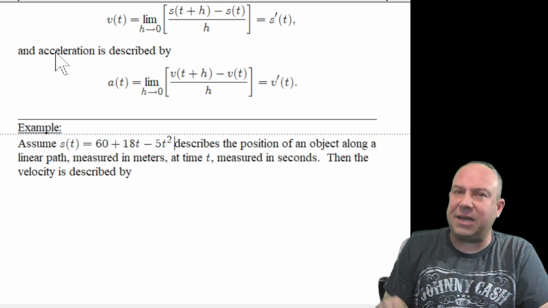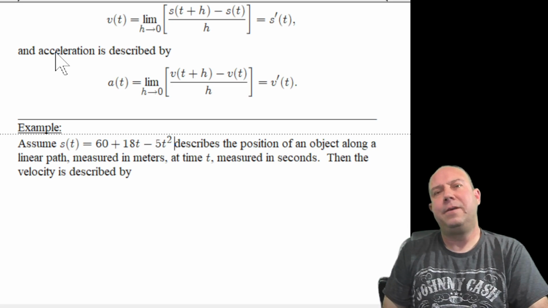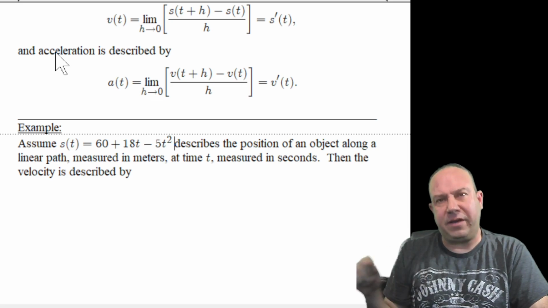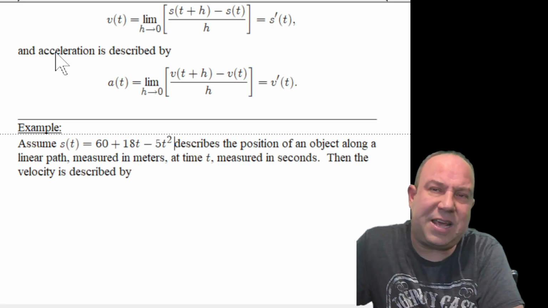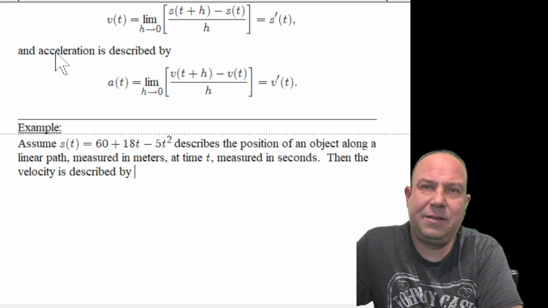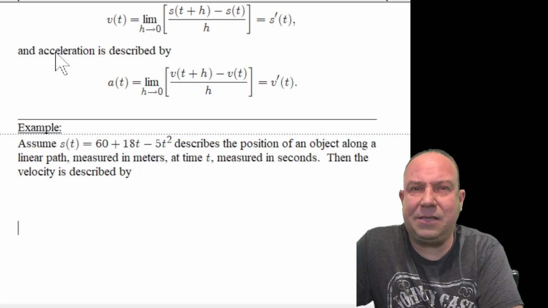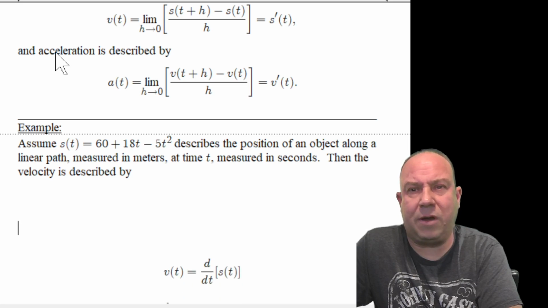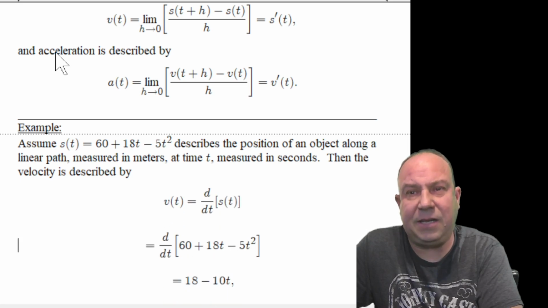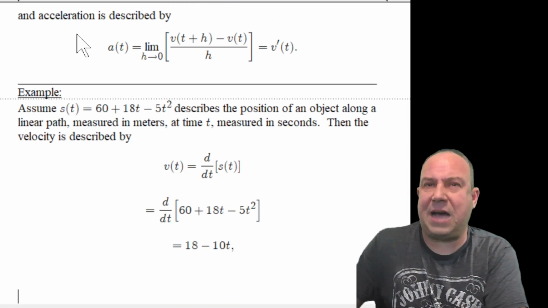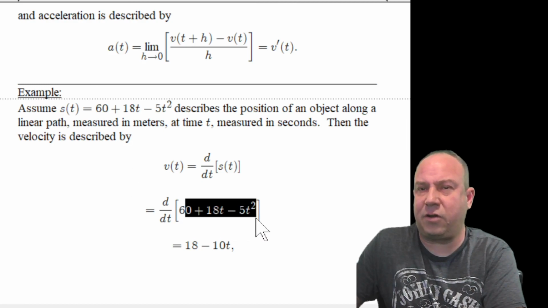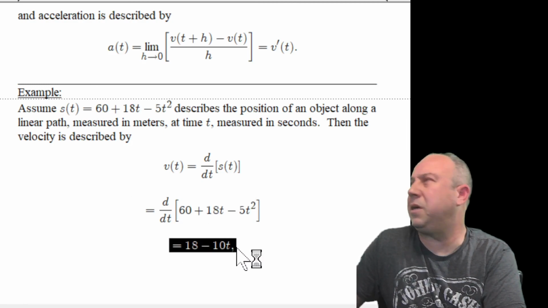If we take our second derivative then, the derivative of 18 minus 10t is just -10. And we see that in this example. If we take those two derivatives, our description of velocity would just be the derivative of this function with respect to t, which is quick because it's polynomial.